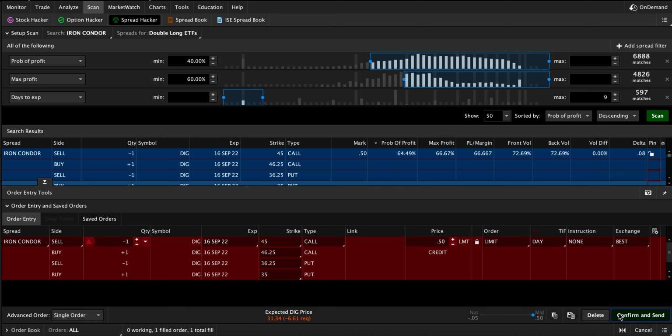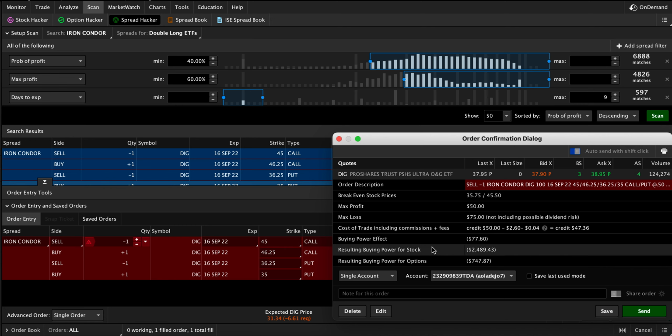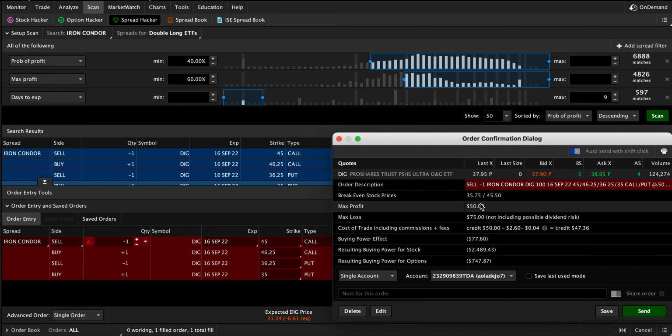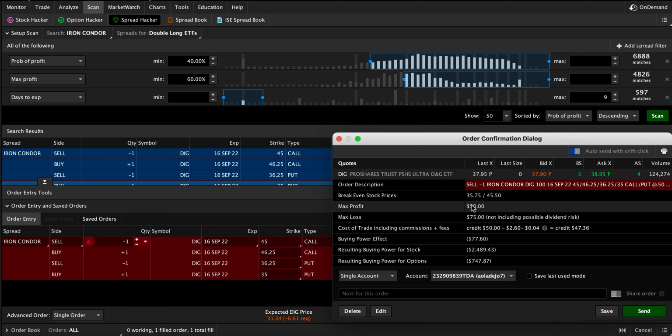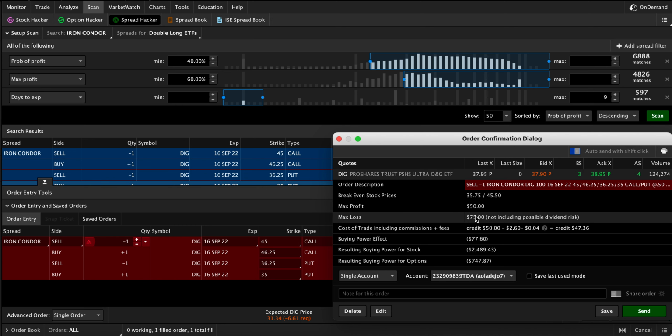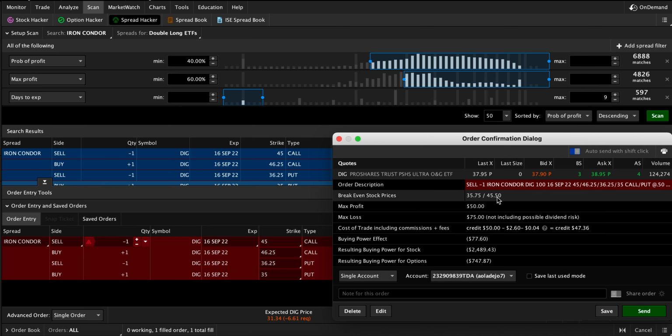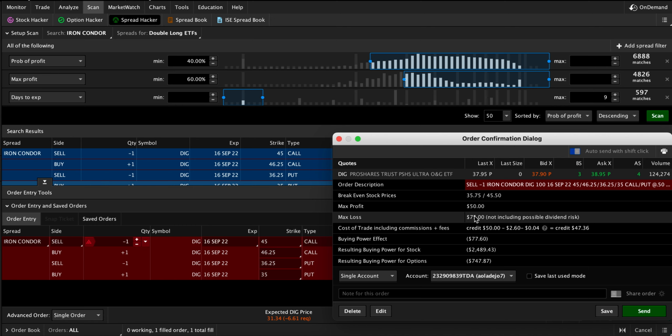Perhaps we can look at what the max profit is. Basically your max loss is 75, but your max profit is 50. You lose when you start to break above this, and you really need to go way above this or way below this to actually lose $75.